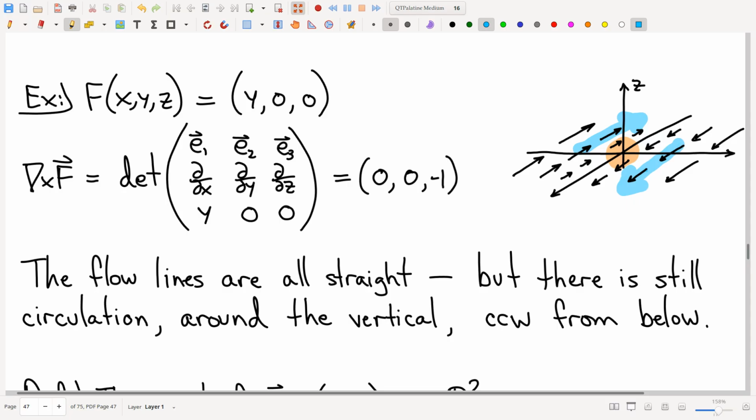Does everybody buy it? I know it's kind of a weird take, but again, I think this is an important counterexample. This dispels the idea that curl relates to flow lines. In fact, it very much does not. If you're curious, I could show you an example of a vector field where the flow lines rotate one way, but the curl rotates the other way.